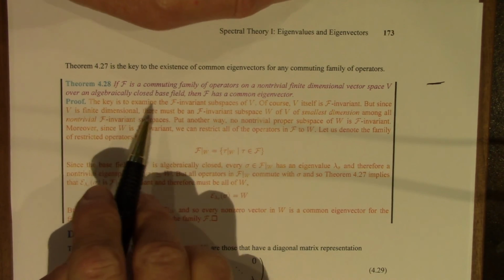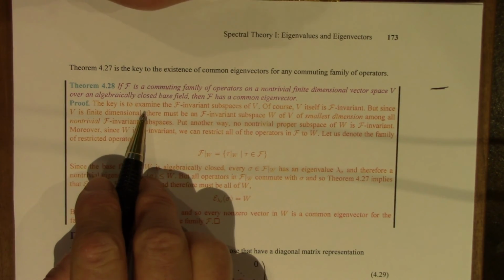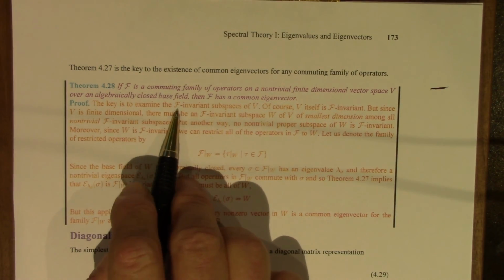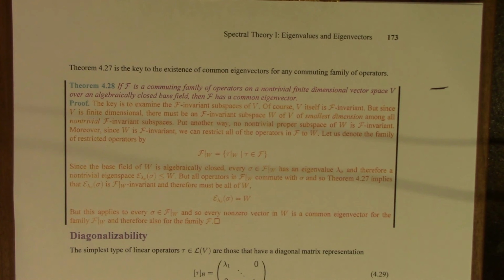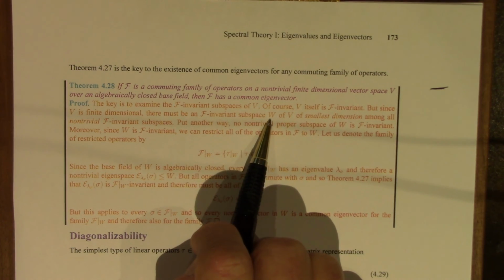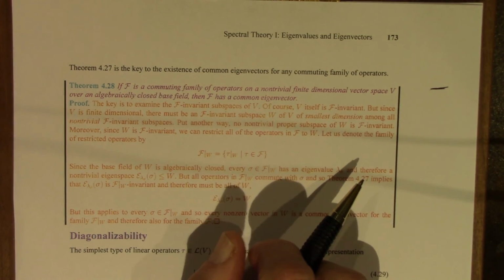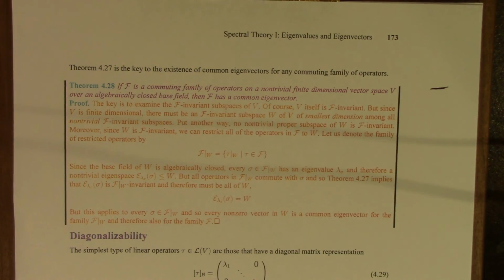And here's the proof. The key is to examine the F invariant subspaces of V. V itself is F invariant. That's trivial. Every operator on V maps V to itself. But since V is finite dimensional, there must be an F invariant subspace, say W, of smallest dimension among all the non-trivial F invariant subspaces.